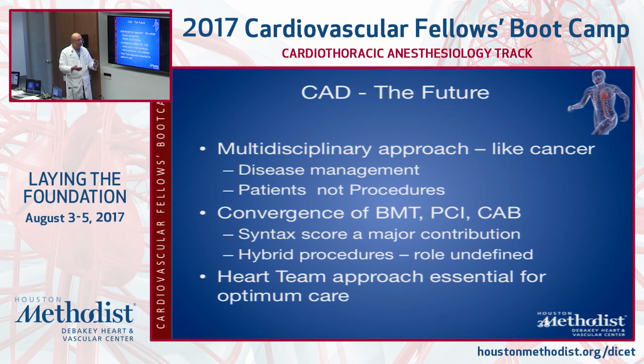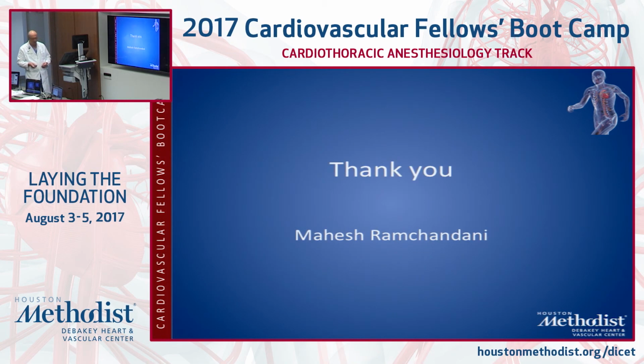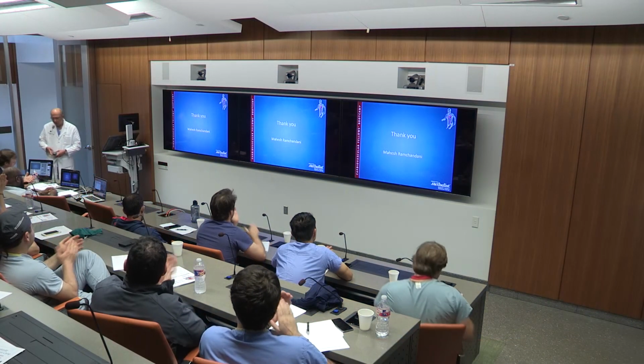But there are so many patients in this gray zone that it's important to have an approach where you sit down with colleagues and try to figure out whether PCI, CABG, best medical therapy, or a combination of those is the best treatment for the patients. Thank you.